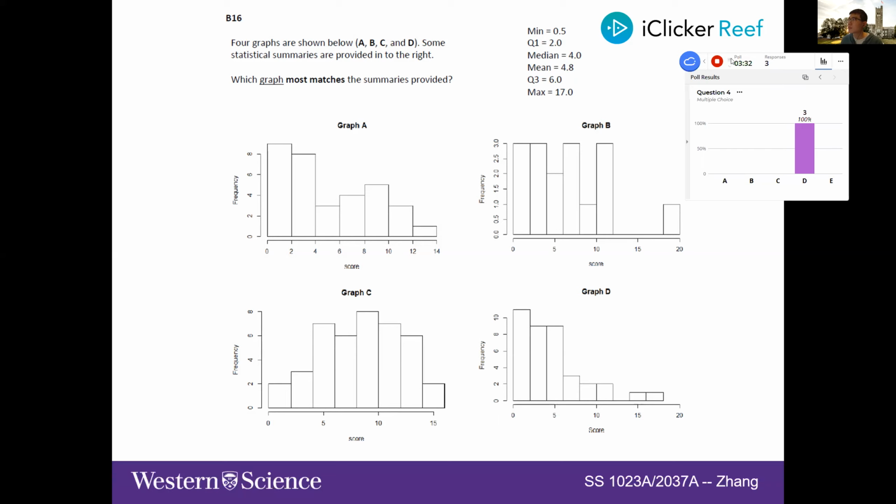Remember, these 5 numbers basically divide our data set into 4 regions with exactly the same number of data points, right? So to determine that, you will basically look at the distance between each two of the numbers.